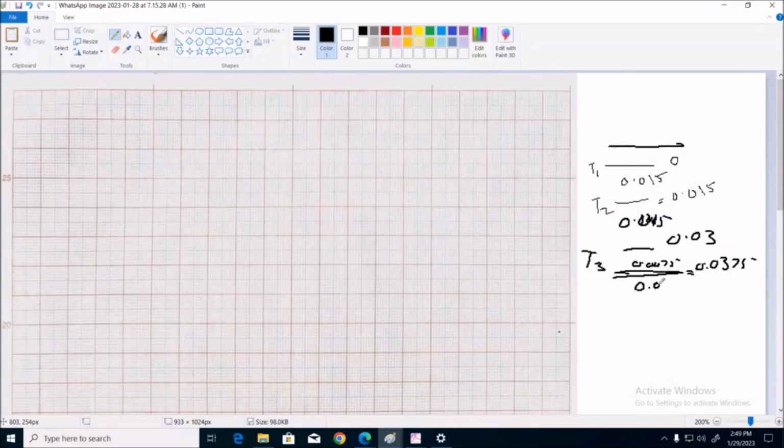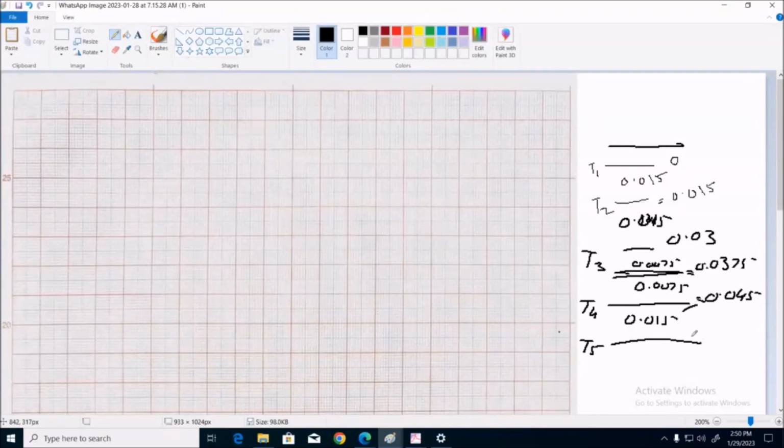Then again there is a gap of 0.0075, and the addition of these two gives T4. So 0.0375 plus 0.0075 is 0.045. The distance between T4 and T5 is 0.015, so the addition is equal to 0.06. Like a table: 15, 30, 37.5, 45, 60.